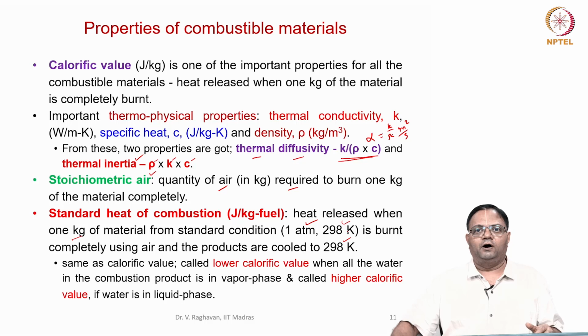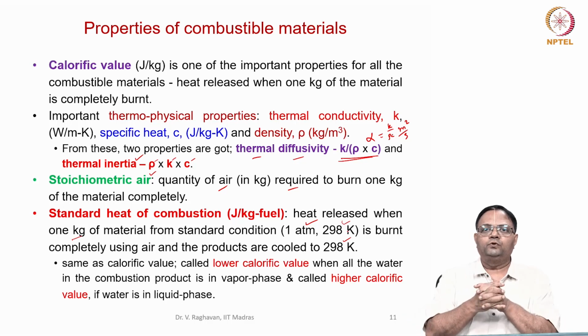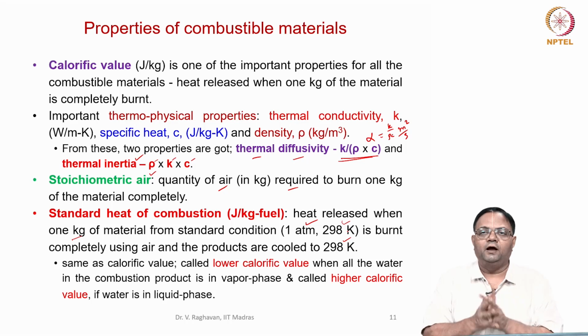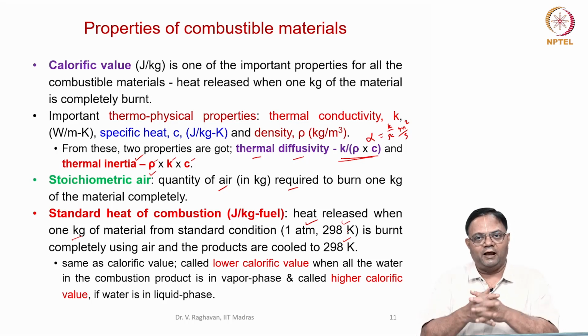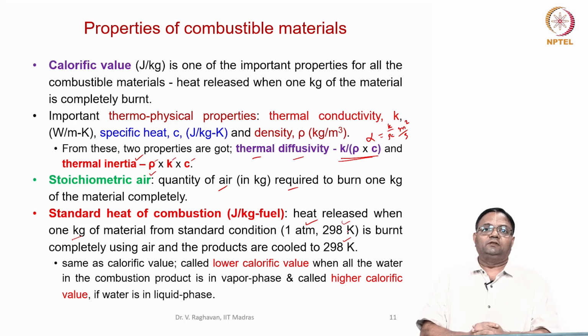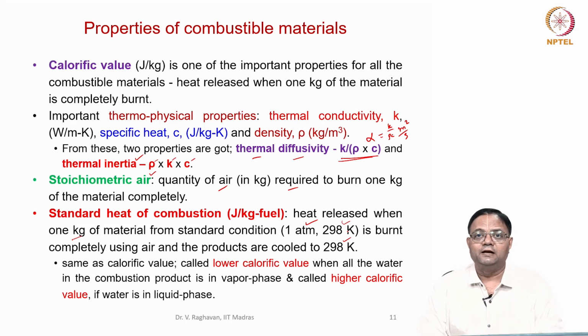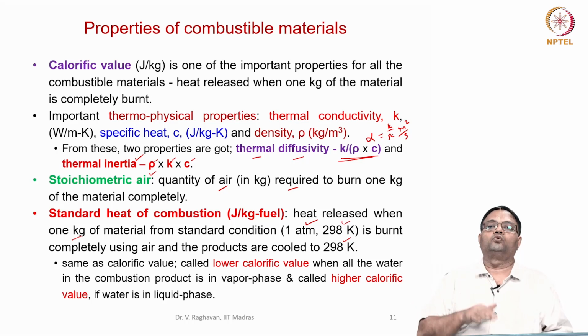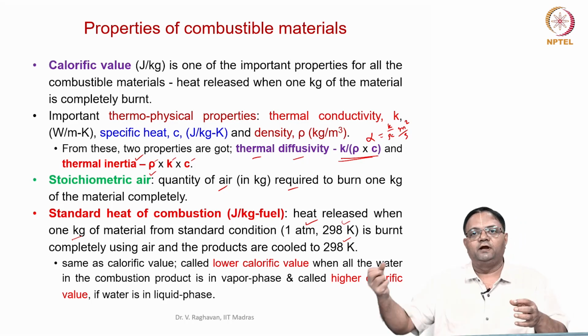Okay. So, understand there is a reactant mixture, methane and air, kept in a container or a reaction chamber with an initial condition of 1 atmospheric pressure and 298 Kelvin. Now, when you ignite it and products are formed, and you cool the products to 298 Kelvin, that means heat is released out.